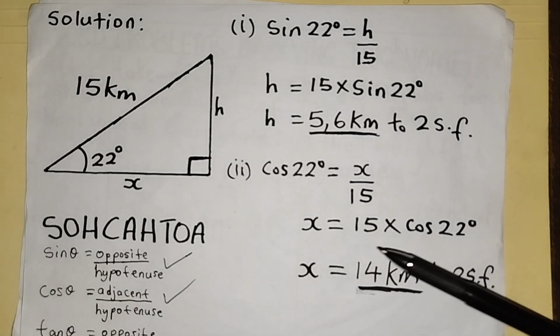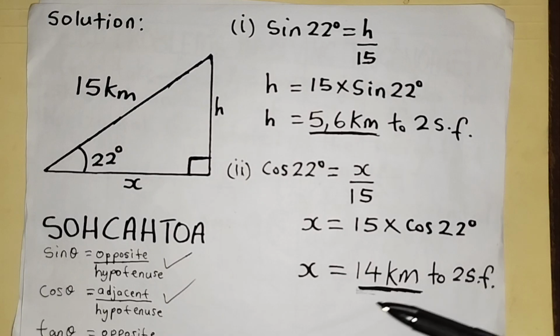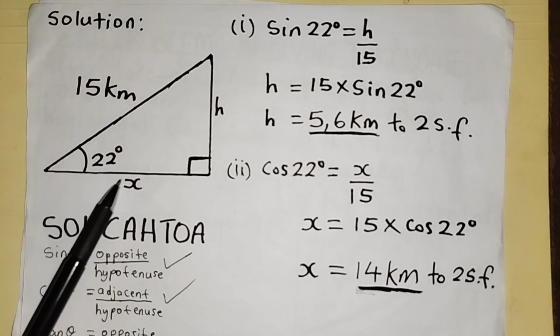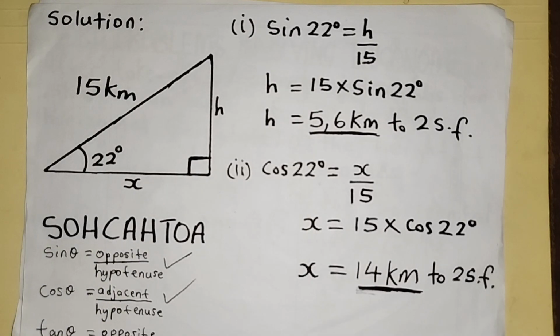Okay, so finally x equals 15 multiplied by cos 22 degrees, which is equal to 14 kilometers to two significant figures. So horizontally speaking, or in the horizontal sense, the aeroplane or the jet traveled for 14 kilometers.